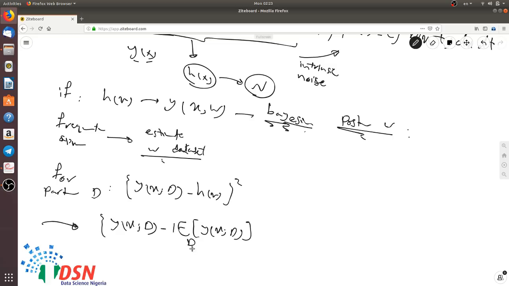This is the expected value over all data sets, and this is the prediction of the model on a specific data set, plus the expected value over all data sets of y of x minus h of x, squared.